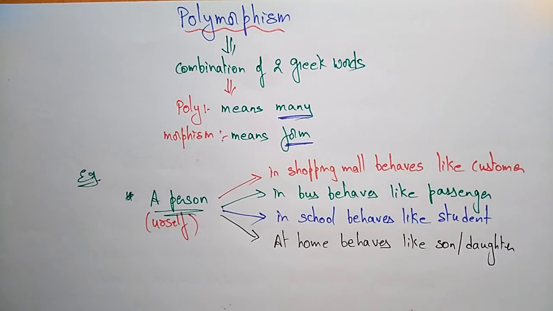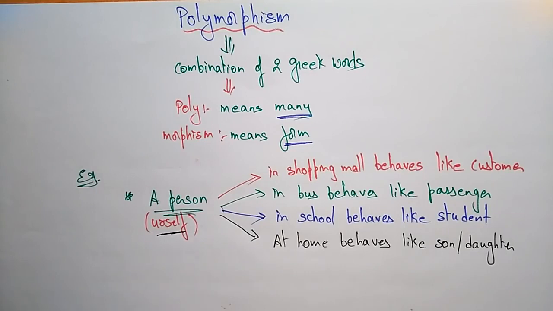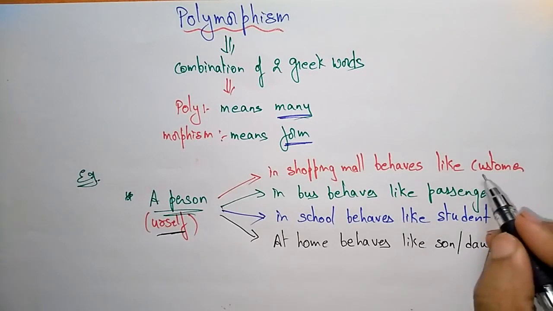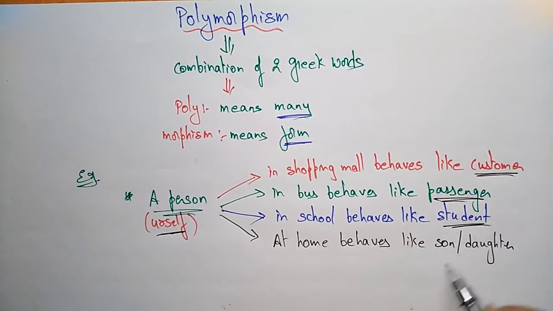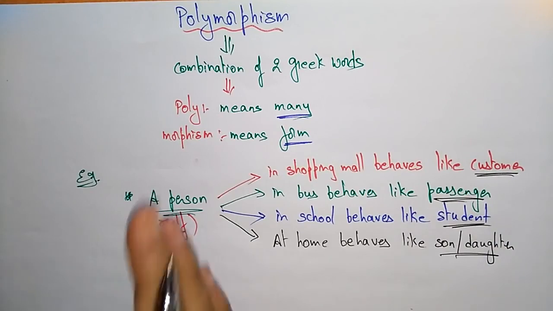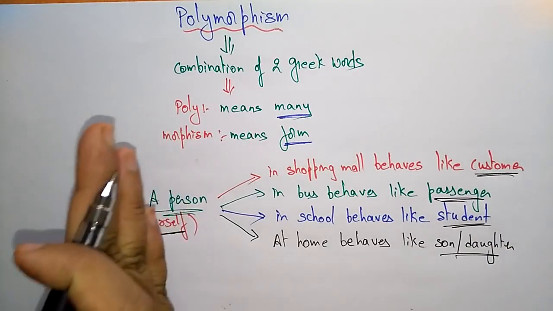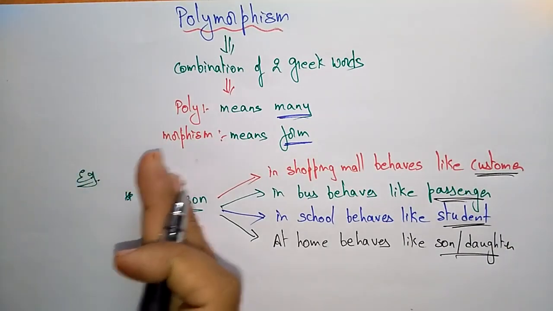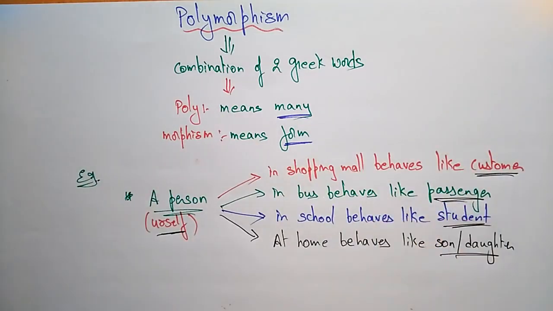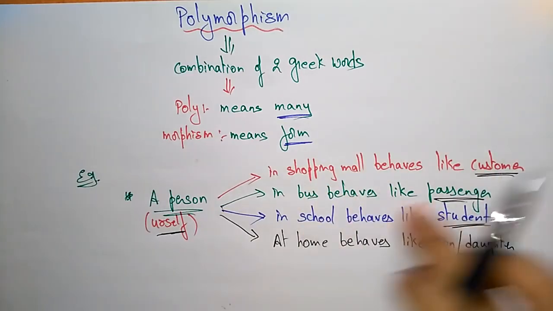If you're a girl, it's a daughter, or a son. Here one person, yourself, is behaving like a customer, passenger, student, son or daughter. Means here only one, and you're representing many forms. That is polymorphism. One thing can be represented in many forms.